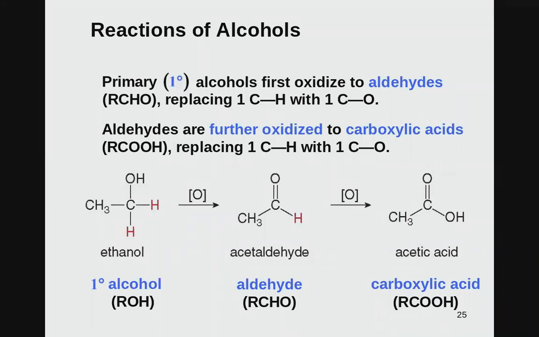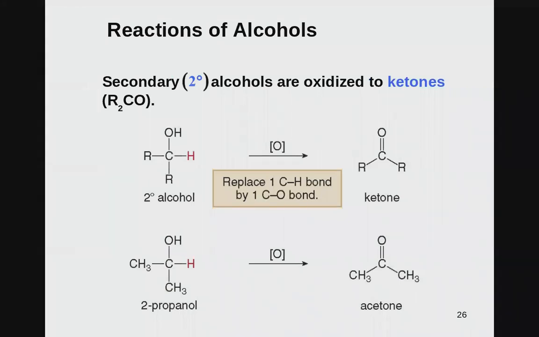What's happening with secondary alcohols? Well, secondary alcohols are oxidized to ketones, which are R2CO. So in this case, we have some arbitrary second-degree alcohol, C, and again, it's secondary because it has two carbon groups right here. Those R groups, in our case, will be carbons. And it's got the OH, so thus it's an alcohol.